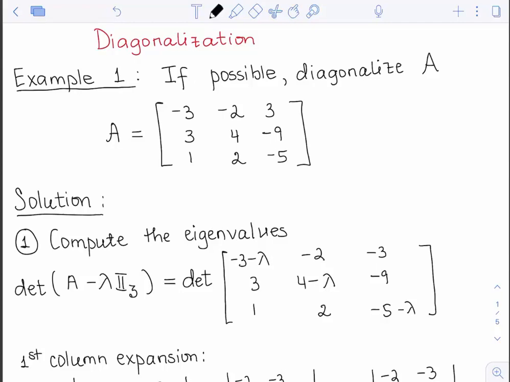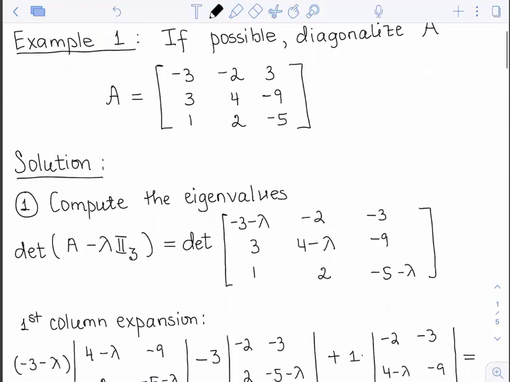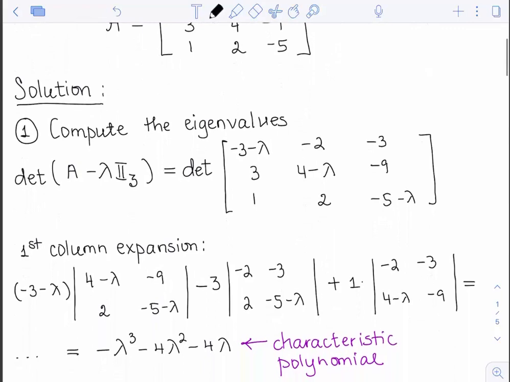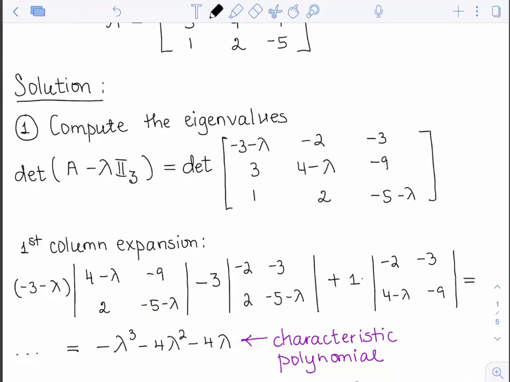And we've done problems like these before. So the first step is to compute the eigenvalues by finding the characteristic polynomial of this matrix. We set up the determinant of the matrix A minus lambda times the identity, and in this example, I'm using first column expansion. You can use any method for finding the determinant of a matrix.